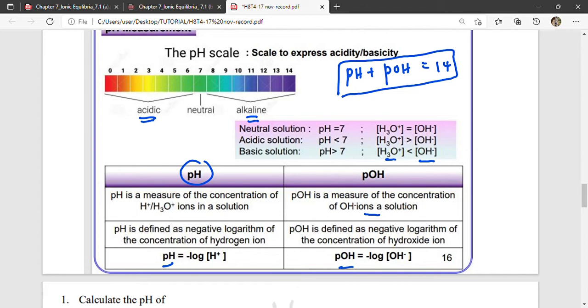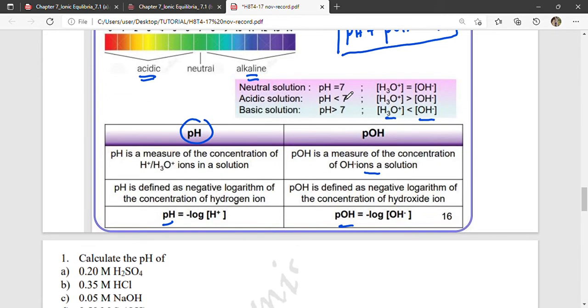So you need to do a lot of practice to familiarize yourself with the measurement of pH and pOH, and also the formula of pH plus pOH equals 14. It is all about the practice.